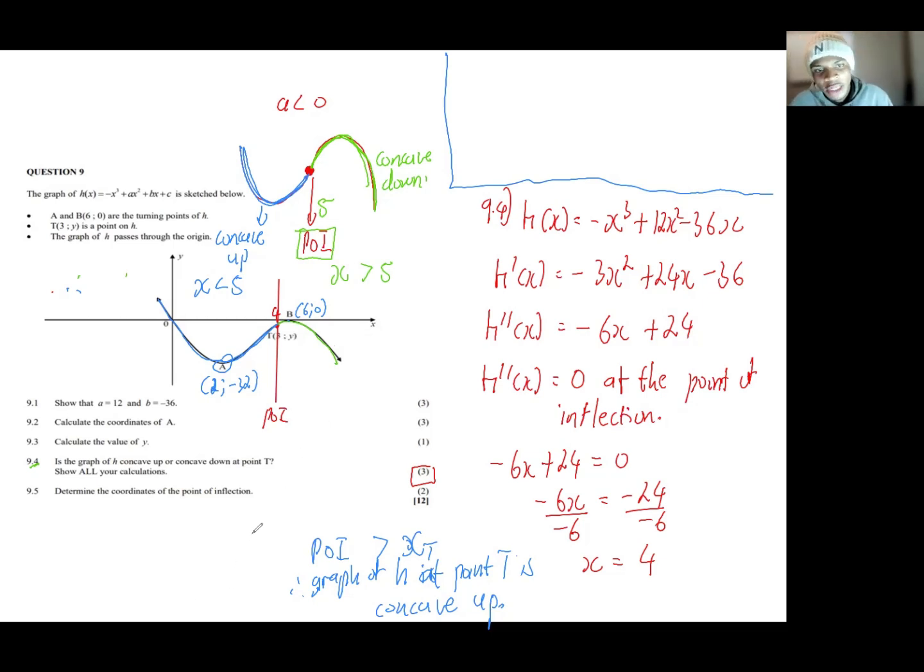Now, you can calculate the point of inflection by looking at the x-coordinates of the turning points and finding the median of them. So the point of inflection can also be calculated as 2 plus 6, only considering the x-coordinates, divided by 2. This is 8 divided by 2, which is equal to 4. So this would be the quickest way to calculate that.